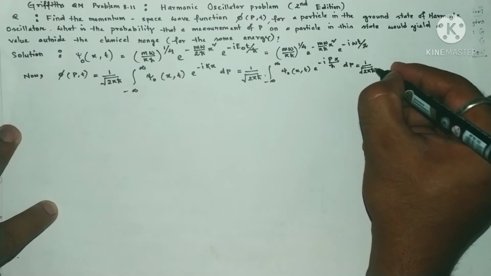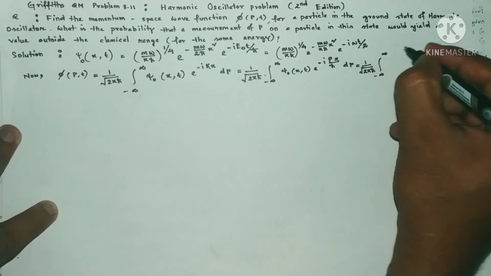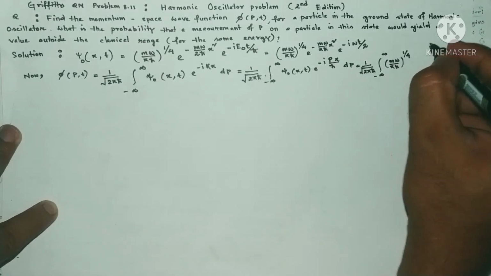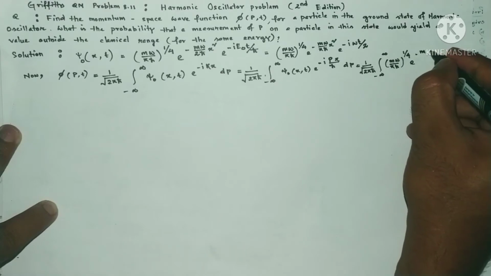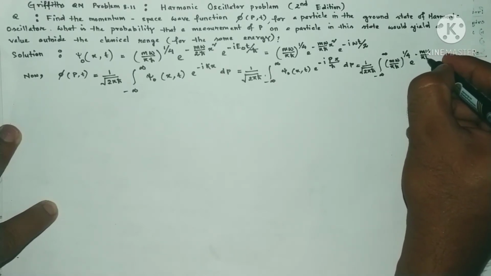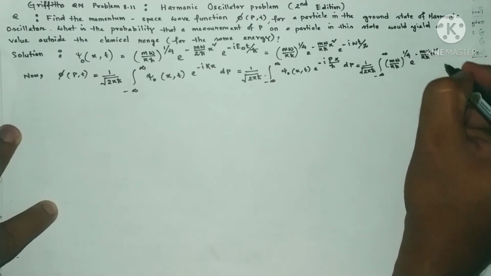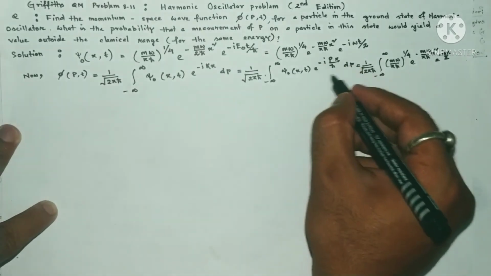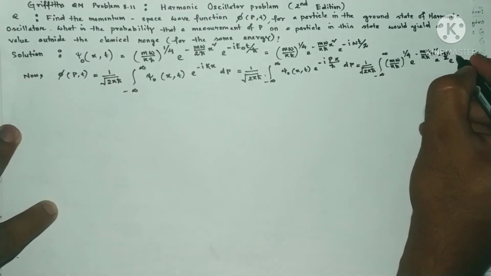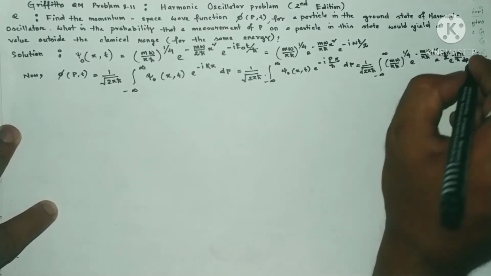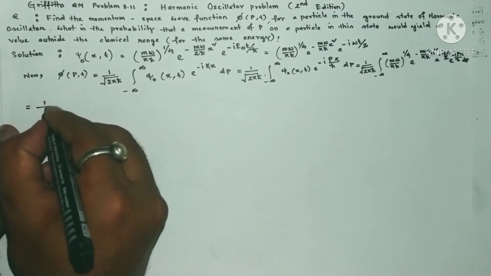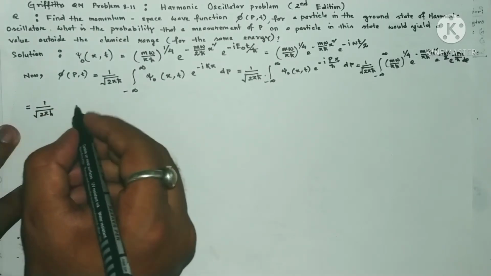So 1 by under root 2 pi h cross, integral from minus infinity to plus infinity of (m omega over pi h cross) to the power 1/4, e raised to minus m omega over 2 h cross x squared, e raised to minus i omega t by 2, and for this factor we write e raised to minus i p x by h cross, and last we have dx.